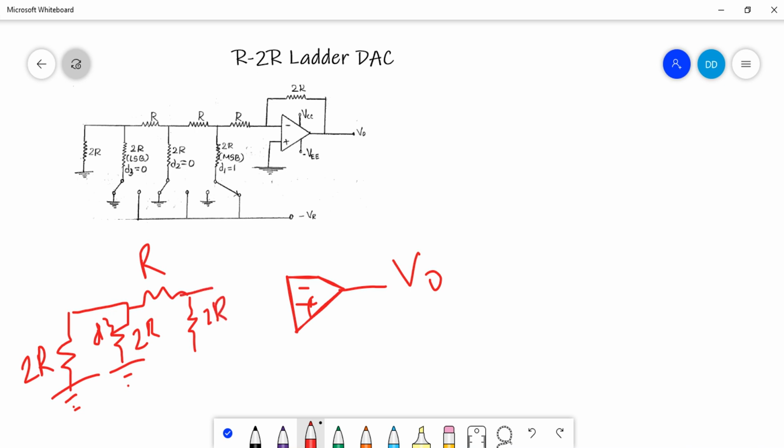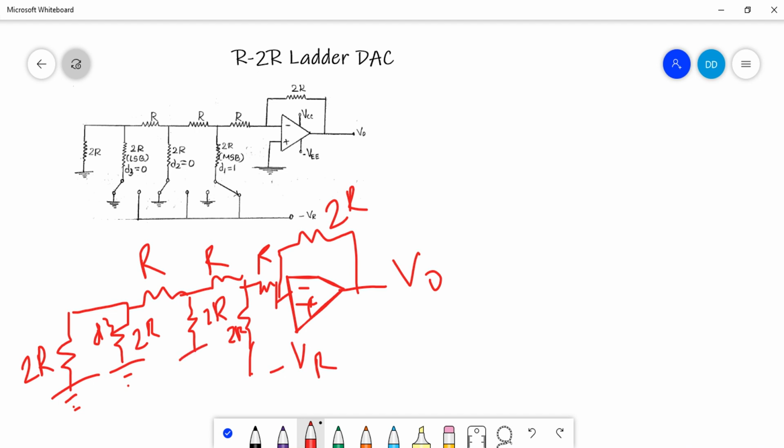This is R. Again 2R. This is again R, which is connected to the negative terminal. And you have this 2R, which is the feedback. And this particular one is connected to the reference, and this is connected to ground.